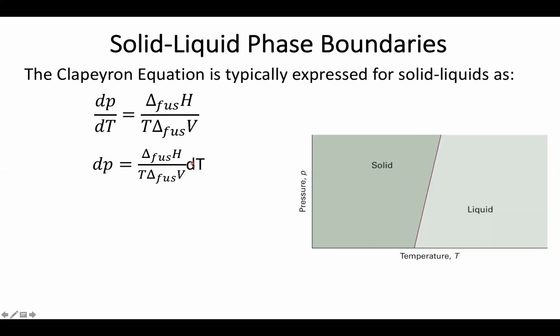And then I'll go ahead and take the integral of both sides. So I'm going to take the integral from some reference condition. Oftentimes this is going to be standard states, but very typically it's going to be some point that's well known on the curve. A triple point is often a good reference point for the system. So I can then examine the change in pressure, which is going to make a fairly simple integral.